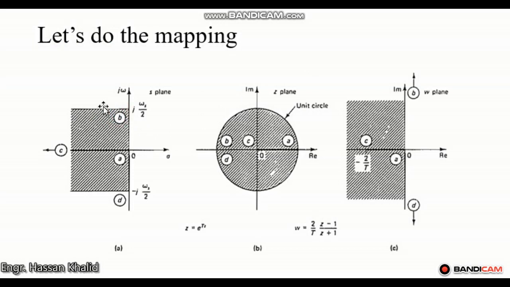As you can see, the entire left side of the S plane is being mapped inside the unit circle of the Z plane. Also keep in mind that we are considering the primary strip at this point, and all the corresponding left half plane is being marked in the same manner on the left side of the omega plane.